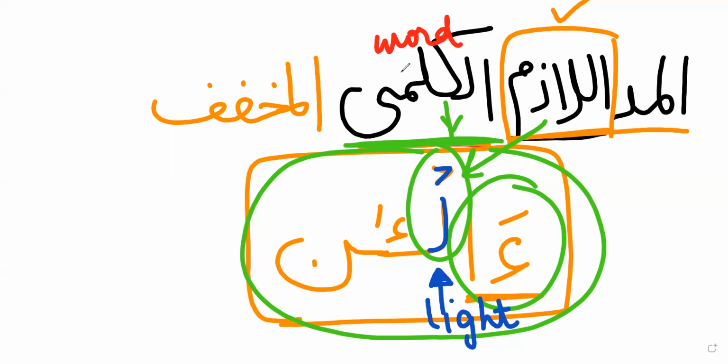So everything will be the same in al-mad al-lazim al-kalimi. Muthaqqal, only difference would be that this letter which has a sukoon is going to be merged. And if it's merged, you will see a shadda. So al-an is the only example of al-mad al-lazim kalimi mukhaffaf.